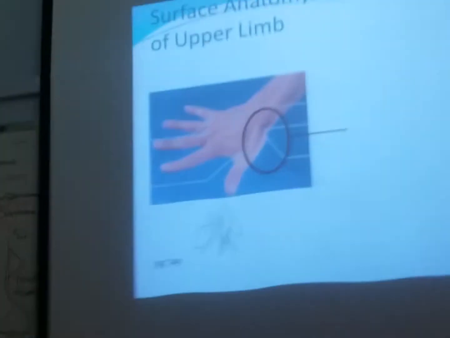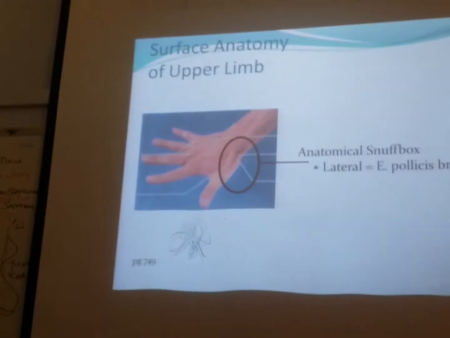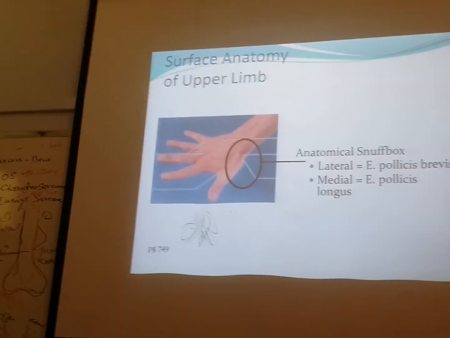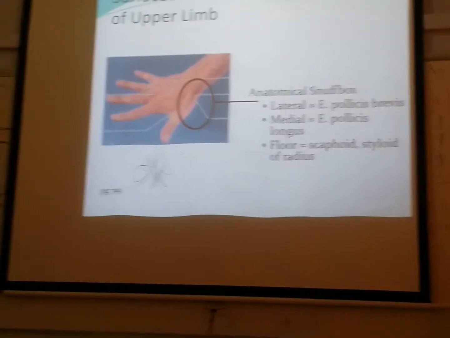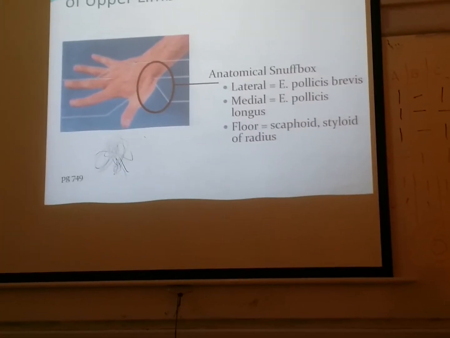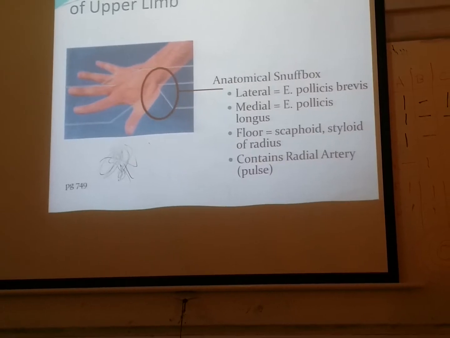You can say it pierces the first dorsal interossei, goes deep and then again comes to the palmar aspect. We'll study that in a later part of our lecture. So that is the snuff box. The boundaries, as I said, are made by the extensor pollicis tendons, and the floor is formed by the scaphoid and the styloid process of the radius. It contains the radial artery.